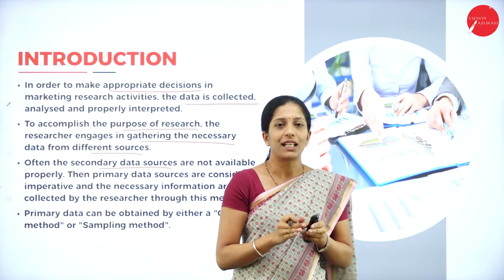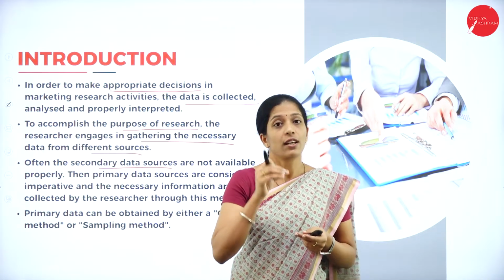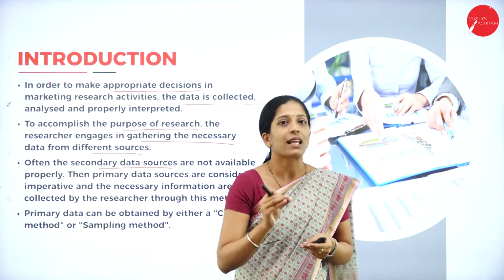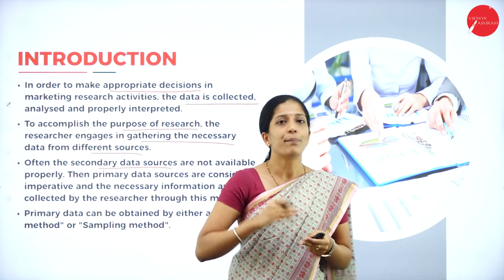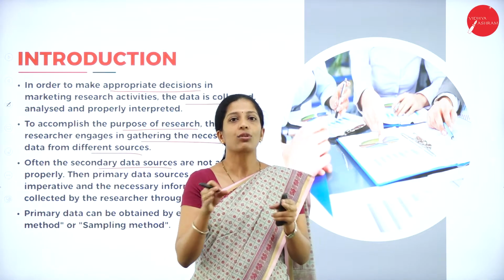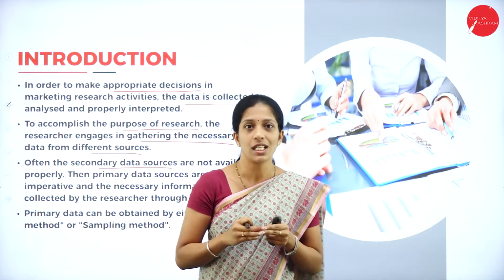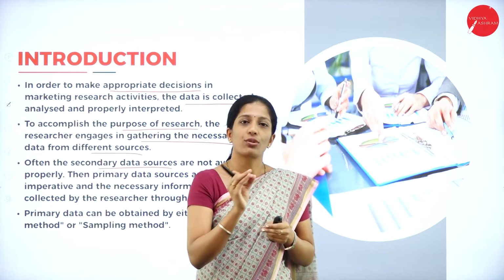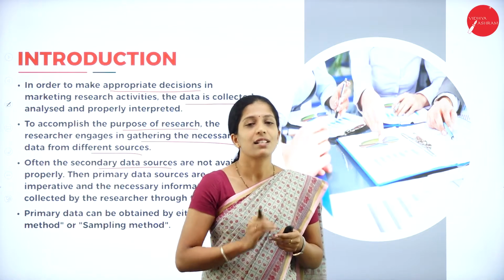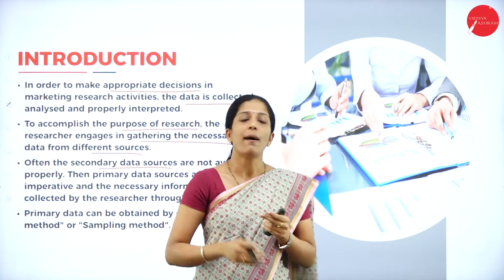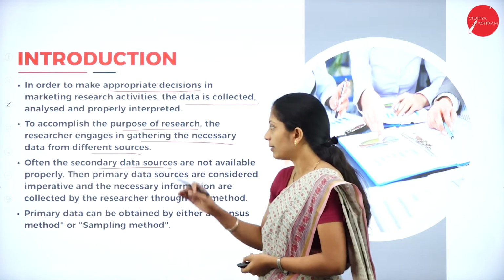Due to that limitation, in order to get the exact solution for the particular problem he has selected, he goes for primary data collection. Of course, a few pieces of information relating to that topic may be available through secondary sources, but we cannot get the exact information on the topic selected by the researcher. In that situation, he goes for primary data collection.